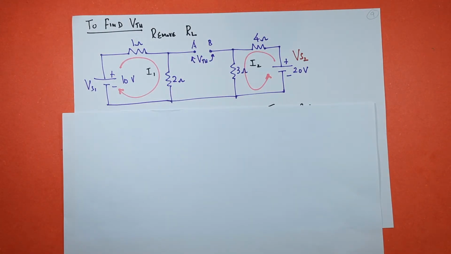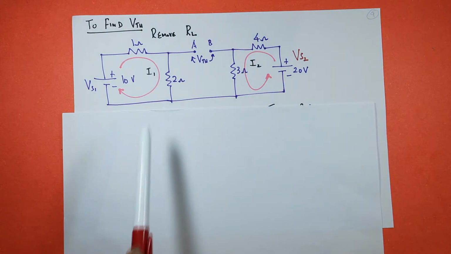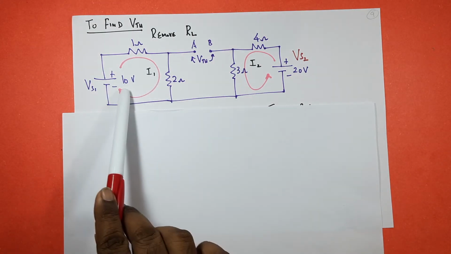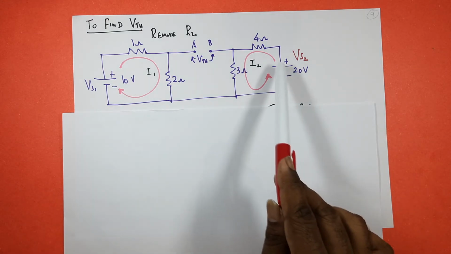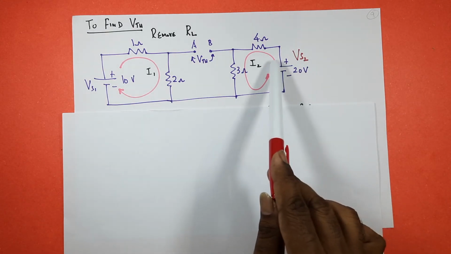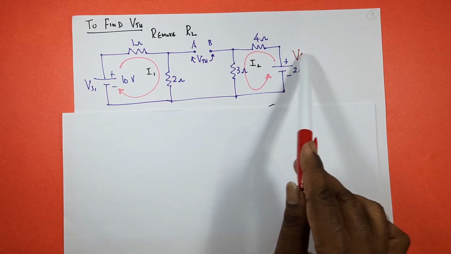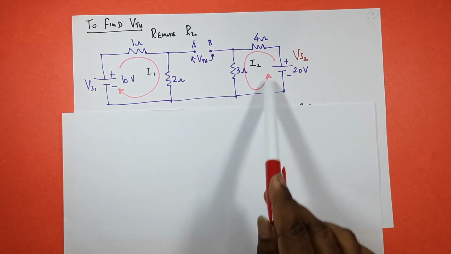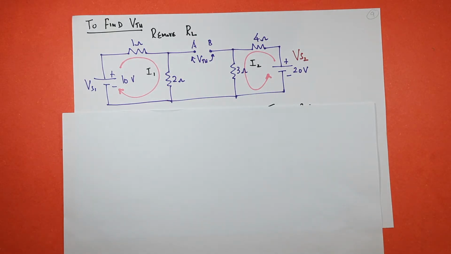Now we have VS1, current will start from positive, it will flow like this. Similarly, VS2, again current will start from positive, it will flow through 4 ohm, 3 ohm, reach the negative terminal.